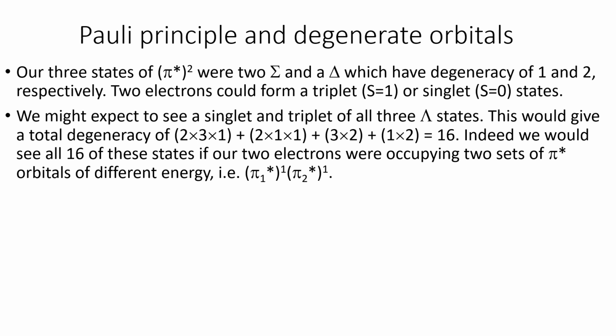So we would see a total degeneracy of 16 if we didn't have a Pauli problem, and we wouldn't have a Pauli problem if they were separate pi levels.